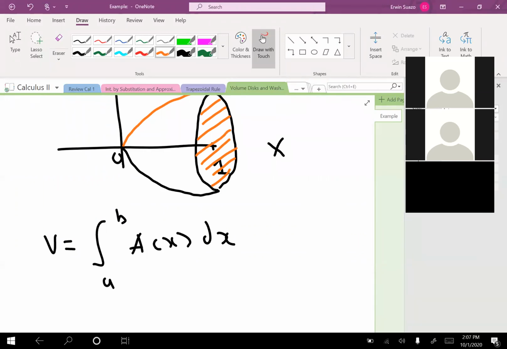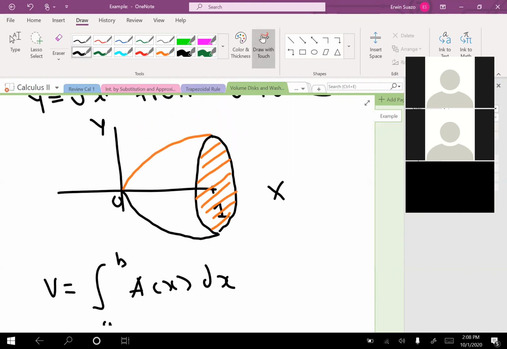So what we need to do first is to make a cut. Let's slice it. So if we cut it over here, you will get something like this.